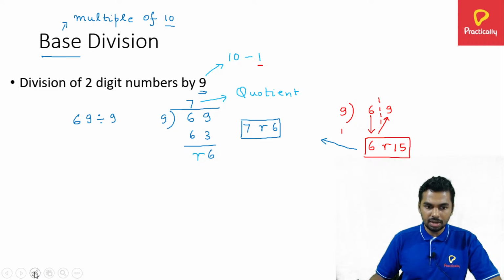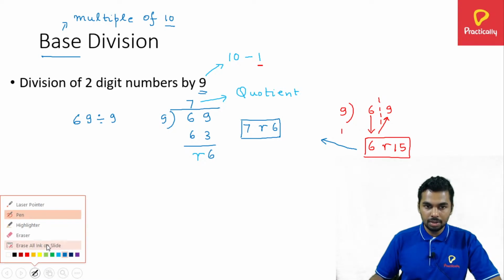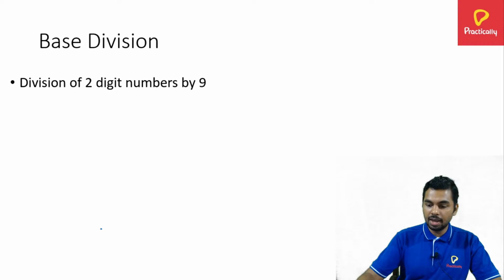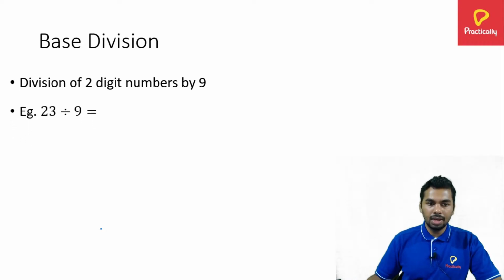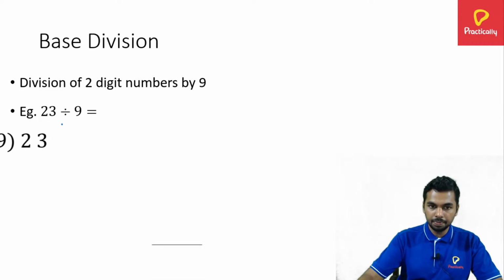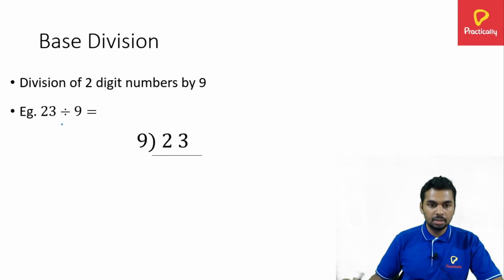This is just an example warm-up problem. I will erase this now and show you an easy example. I'm going to do 23 divided by 9. The steps are like this. This is how you should write. 9 you write here, 23 inside. You bring the first digit as it is without any change. The first digit is the tens place digit, which is 2.